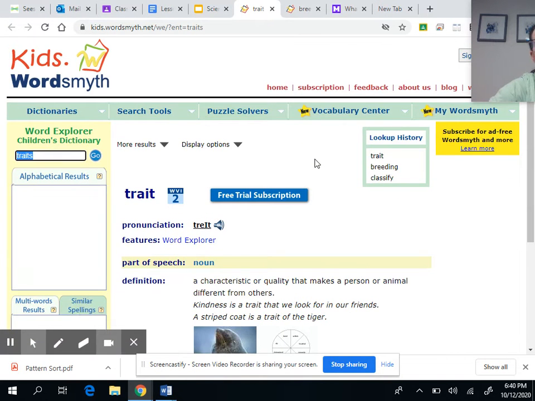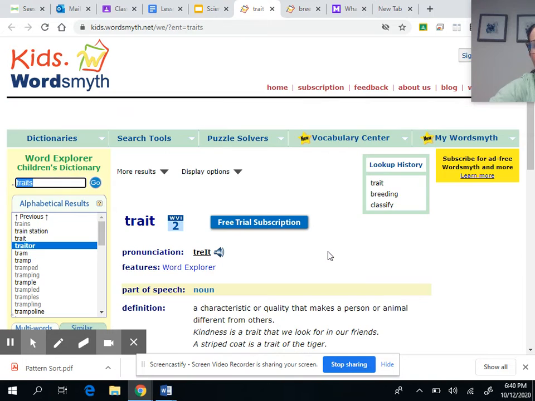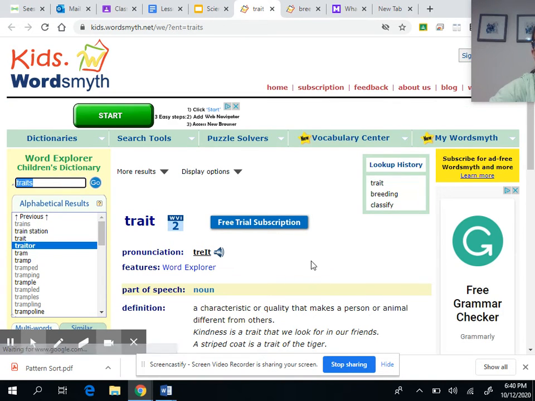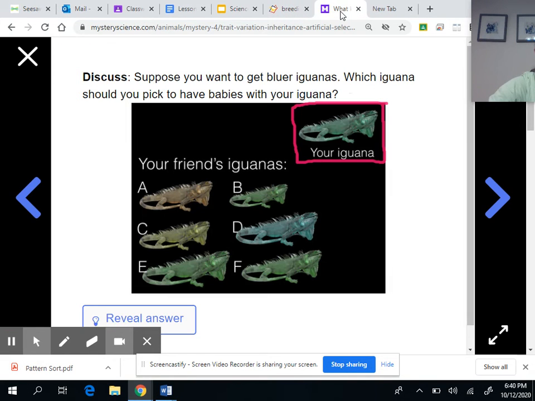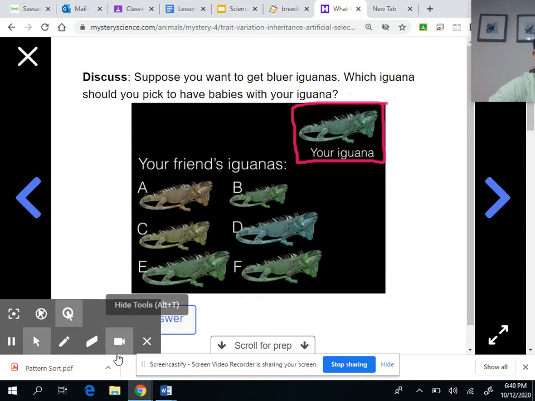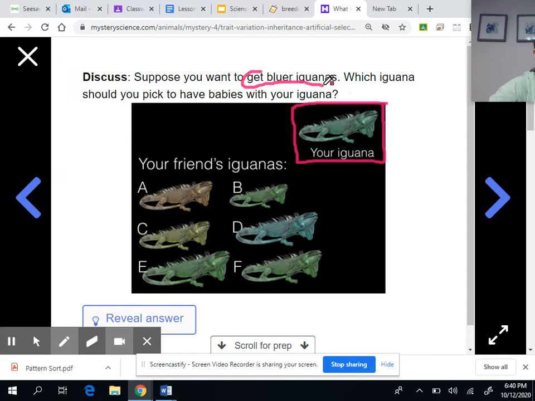Traits are characteristics of something, right? That might make a person or an animal different than others. Nobody's ever the same, similar. You know what I mean? So traits are like describing words, right? And the trait that we really care about right now, the thing that we want, is to get bluer iguanas.